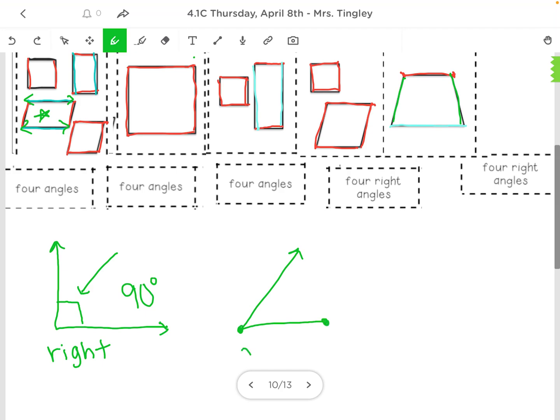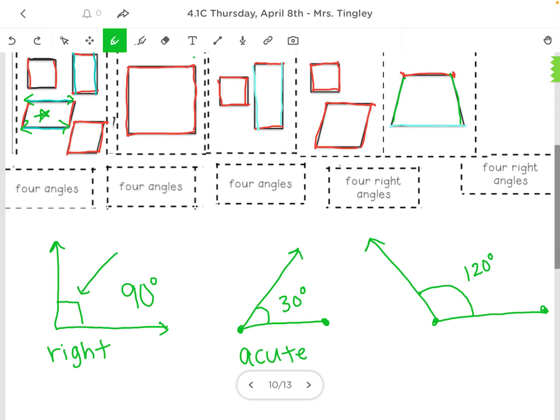The other two kinds of angles you might see are an acute angle, that is smaller than 90 degrees. Maybe this is 30 degrees. That is an acute angle, it's smaller. And we have obtuse angles. Those are large angles.